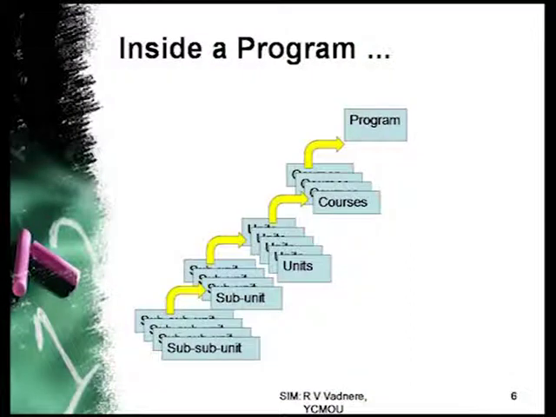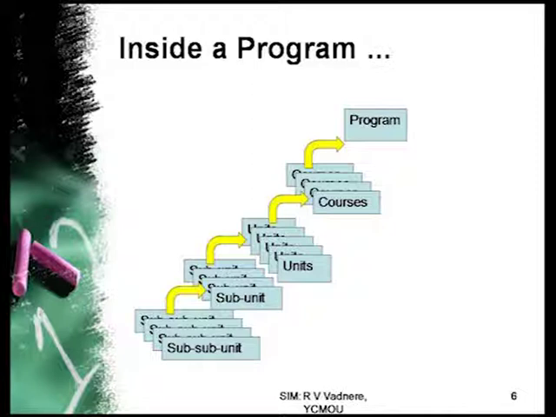Now that we have understood what the self instruction material is all about, and since you are going to write some self instruction material for our Open University, I would like you to understand the anatomy of a program, what is there in a program. So, a program consists of a number of courses. A program is a qualification which the learner ends up with.